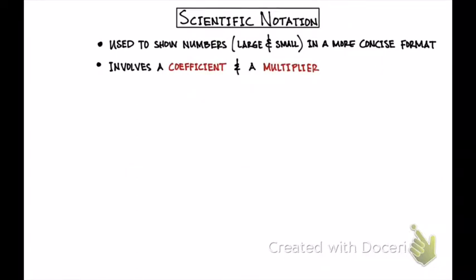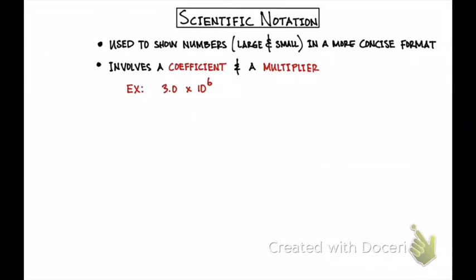Scientific notation involves two things. One is a coefficient and the other one is a multiplier. And so when you see a standard notation written in scientific notation, it would look something like this. So for example, 3 million can be written in scientific notation shown here. So this right here is 3.0 times 10 to the 6th power.